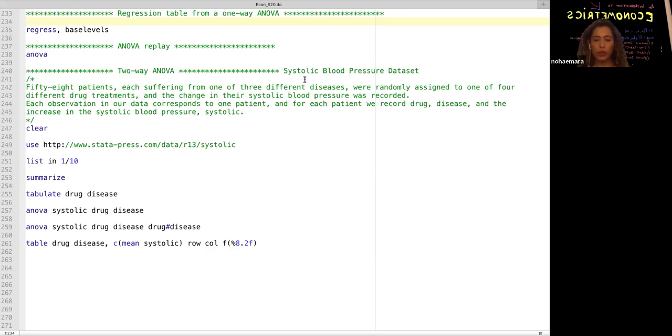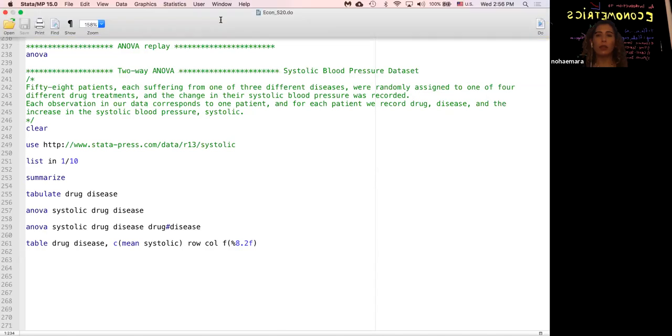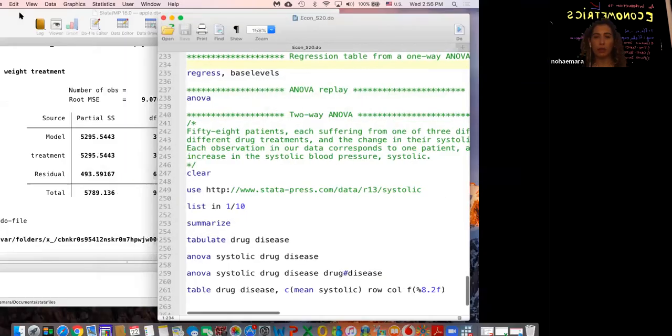So you have 3 different combinations, and I want you to think about it in terms of how systolic blood pressure is affected by factor 1, disease, factor 2, drug treatment, and factor 3, drug treatment multiplied by the disease. The data set that we have here is built into Stata.